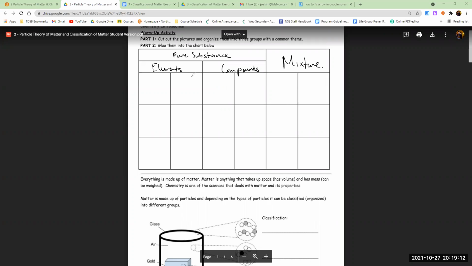We call them pure because every single package, whether it's atoms or molecules, was the same. It was purely, pun intended, one type of particle. Whether it's a molecule or atom, it was one type of particle.